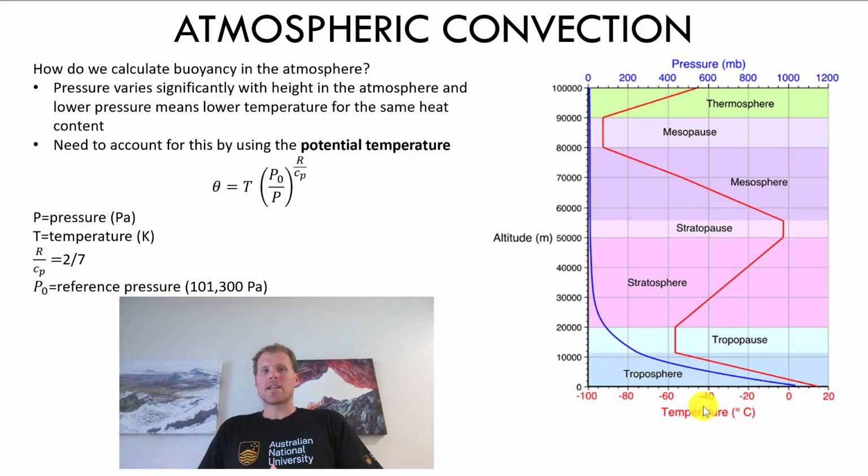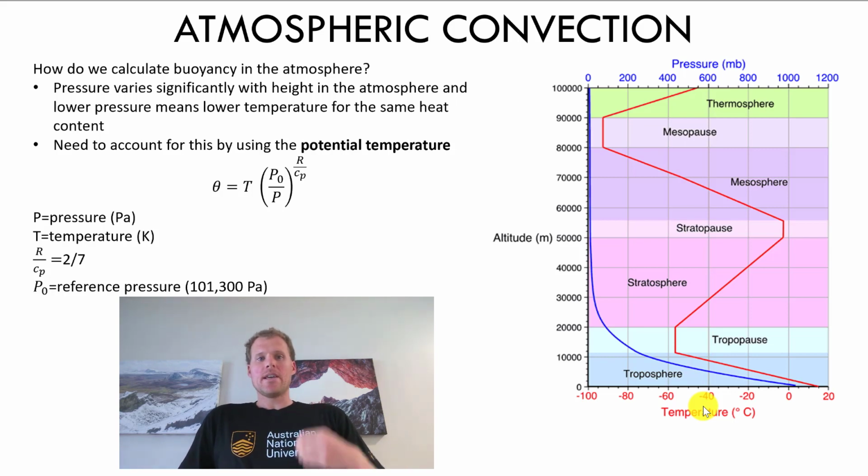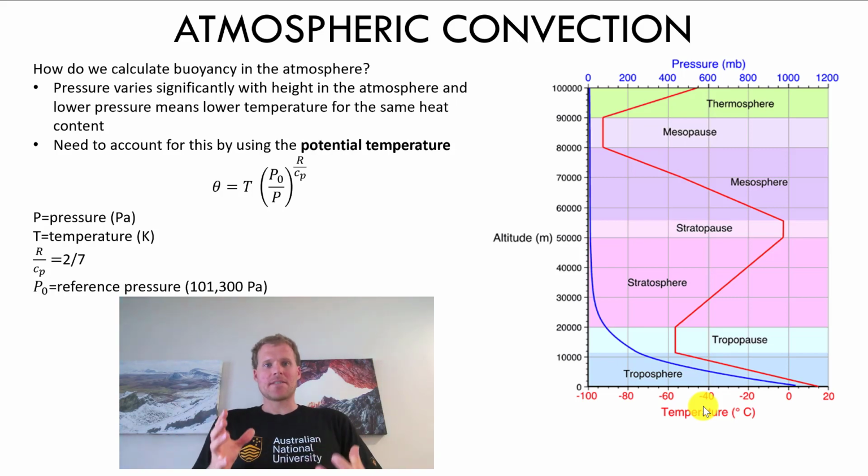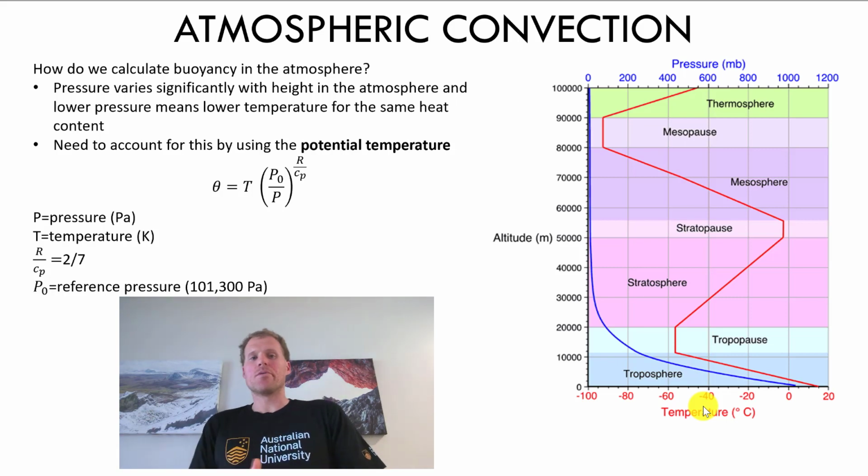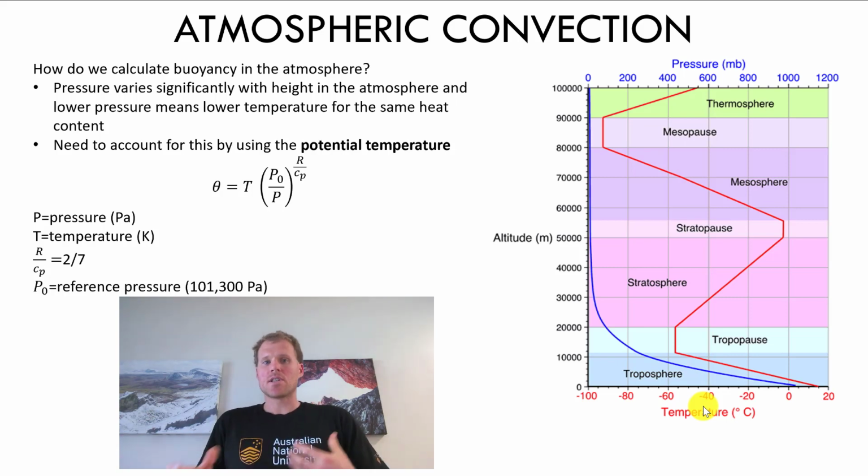So how do we go about calculating buoyancy in the atmosphere? Because of this variation of the pressure with height, we need to use this thing called the potential temperature. So the variation of a gas's temperature with respect to pressure, you would see if you've ever used a gas bottle and you let some gas out, you'll notice the bottle gets cold. And that's because its pressure is reducing and therefore its temperature also reduces as a result, even though the heat content hasn't changed. So in climate science, we account for this using the potential temperature, which is defined here.